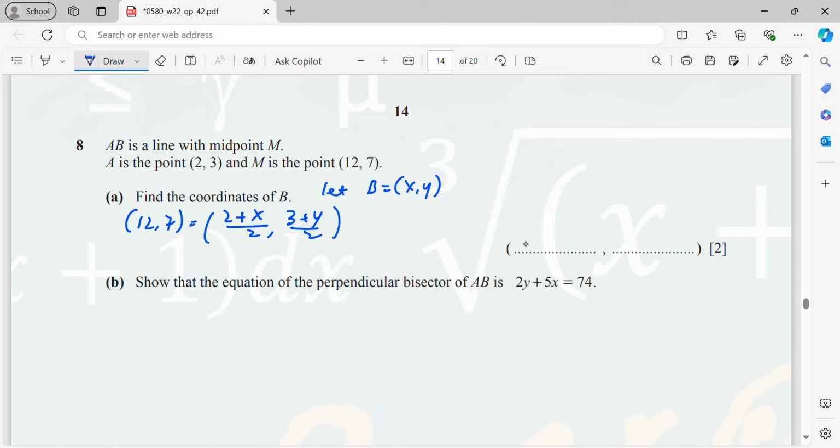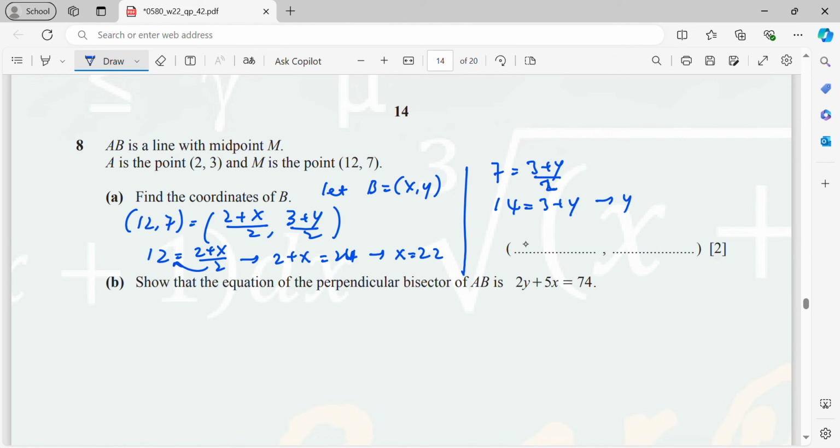Then from here, I will get 12 equals to 2 plus x over 2. That means 2 plus x equals to 24. The 2 move up. So your x is 24 minus 2, that is 22. After that, 7 equals to 3 plus y over 2. Therefore, 14 equals to 3 plus y. So now my y is going to be 11. So I get these coordinates.